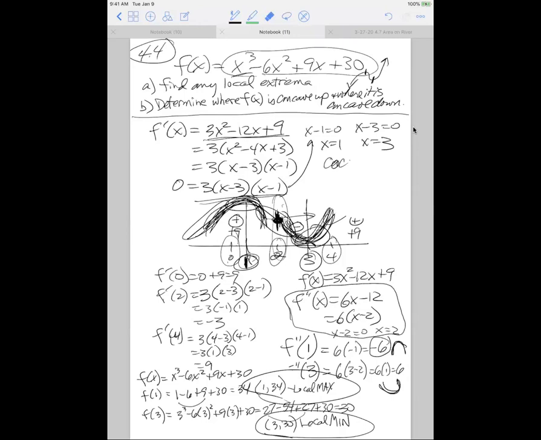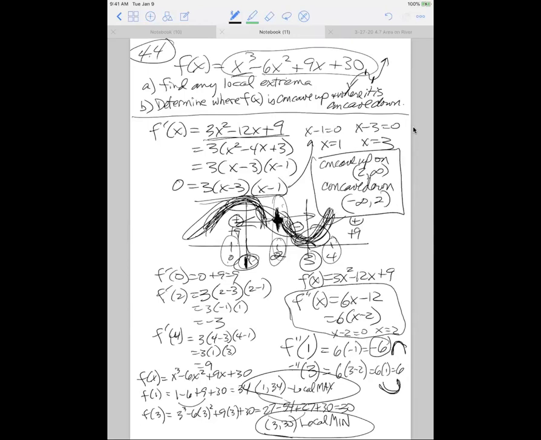So concave up on the interval starting at 2 and going forever, so on 2 to positive infinity. And from 2 to the left, it's going to be concave down: negative infinity up to 2.